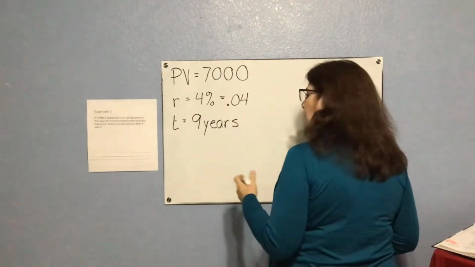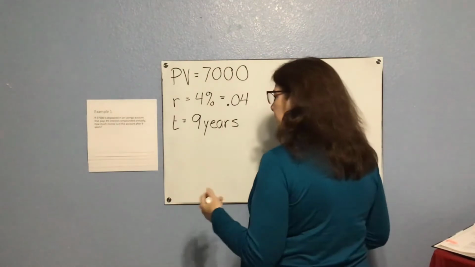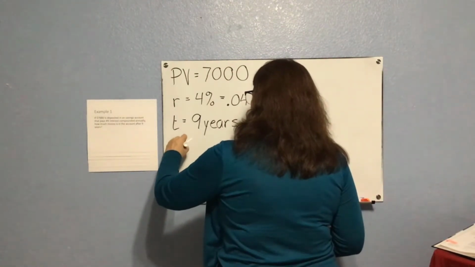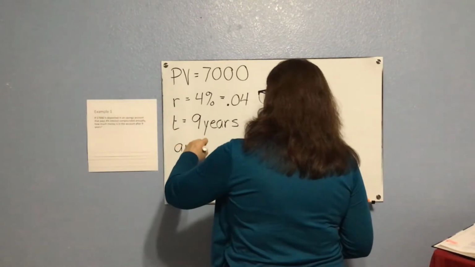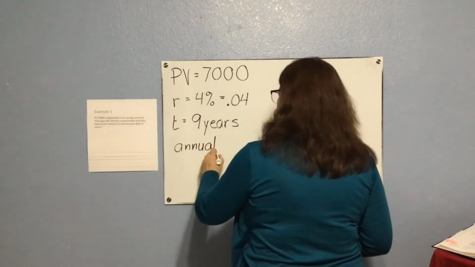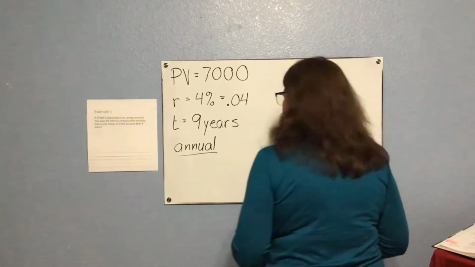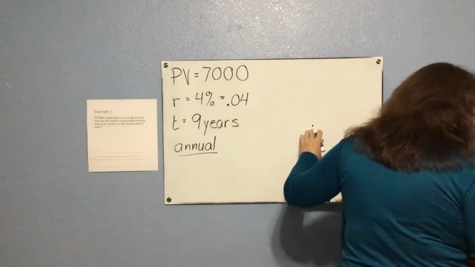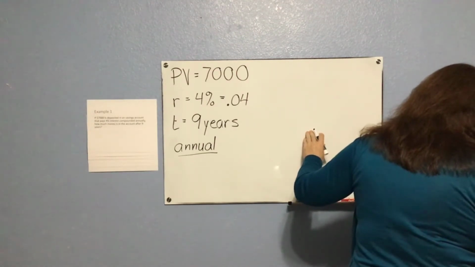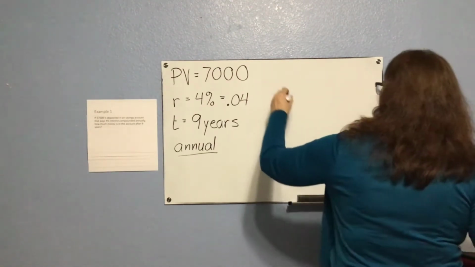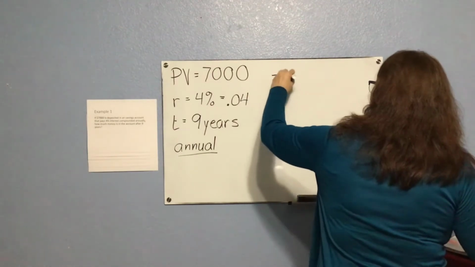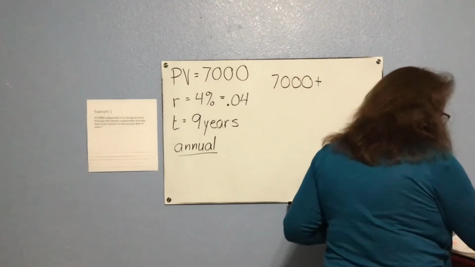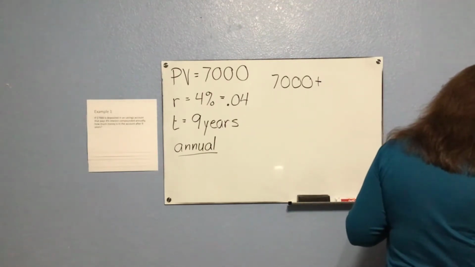And I'm going to write down one more thing for compound interest. We need to remember our compounding time is annual. So the interest is paid once a year in this situation. So we're going to look first at what we would get after 1 year. We would have $7,000 plus 4% of the $7,000.